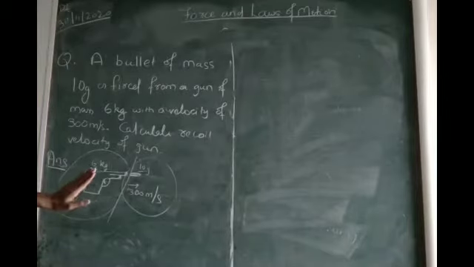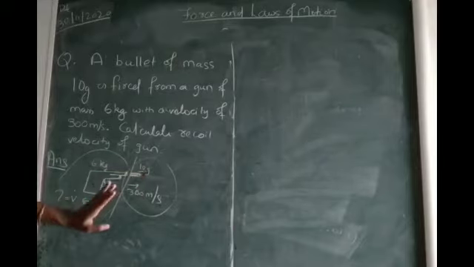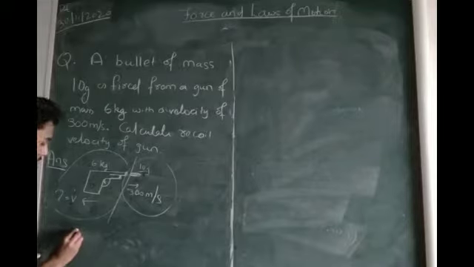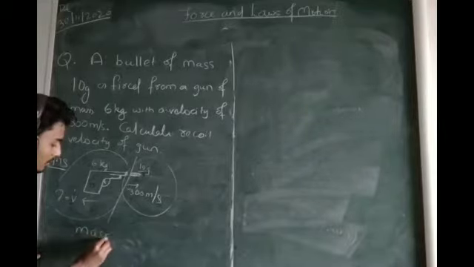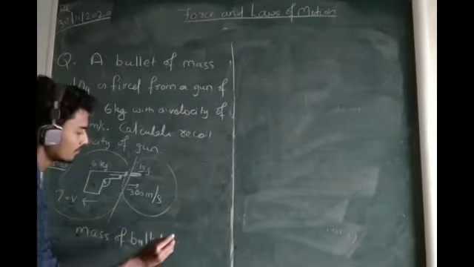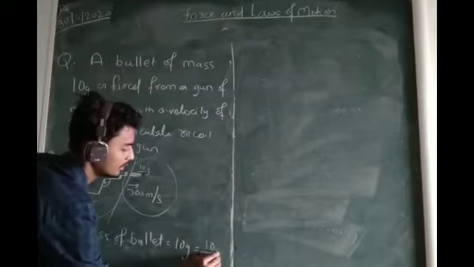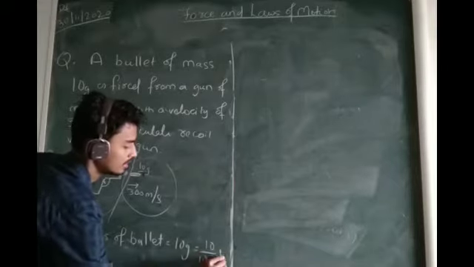One more thing before solving it: here the unit is in gram whereas here the unit is in kilogram. So we have to convert gram into kilogram first, then we calculate. Things given: mass of bullet is 10 gram, which is equal to 10 by 1000 kilogram.